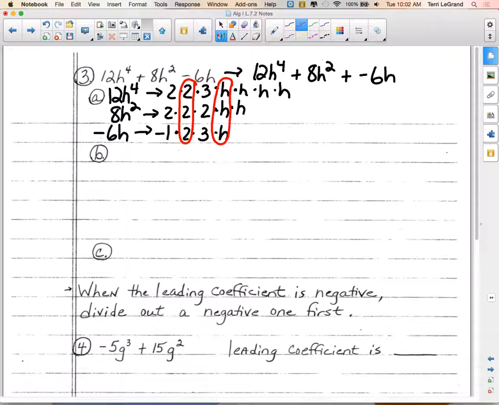Anything else? No. They gotta all have it. All 3 of them do. So the GCF of this one is, what's the GCF? 2h, the thing they have in common. So there's one of our factors. It is what we're going to divide by.